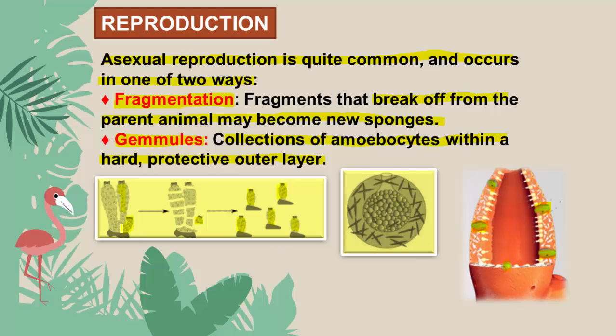They cannot be seen from the external side. By producing these gemmules, the sponges undergo the asexual method of reproduction.